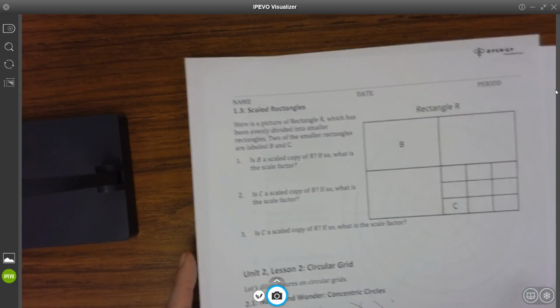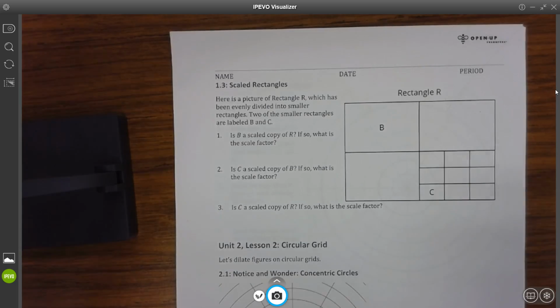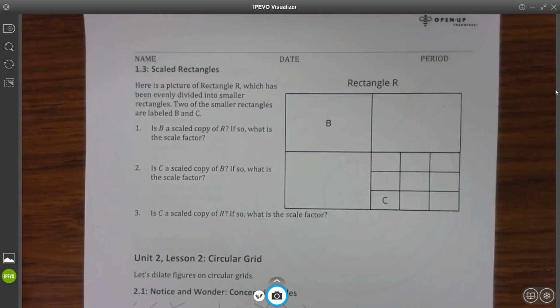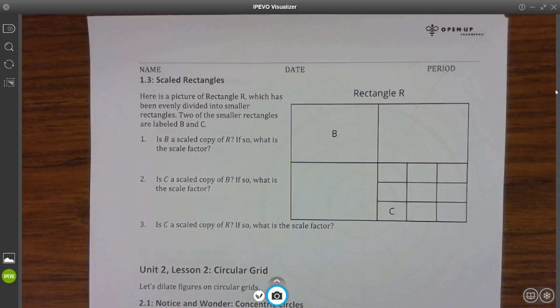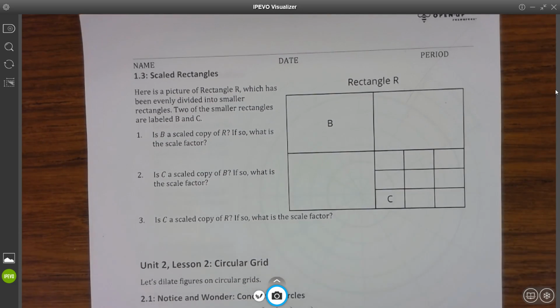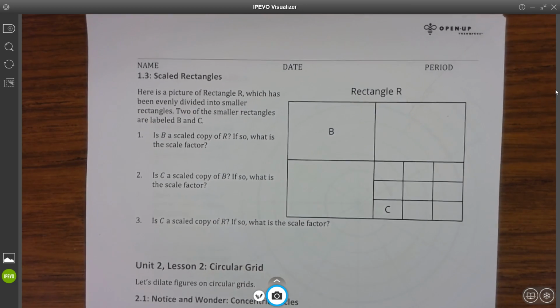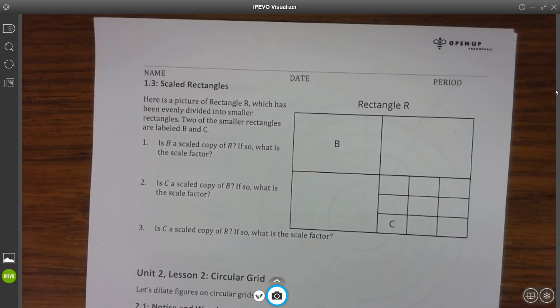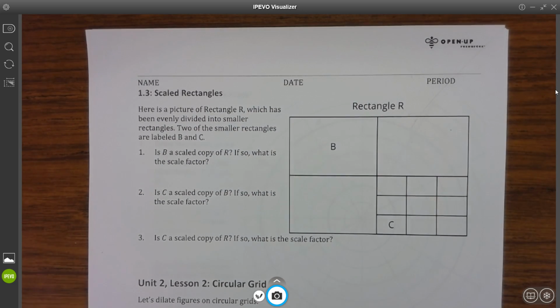All right, next page is section 1.3. Now we are going to come back to this one. This is something that at another time we may come back to, but for right now, that's all we have for lesson 1.